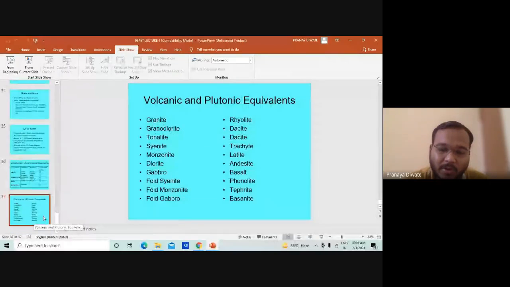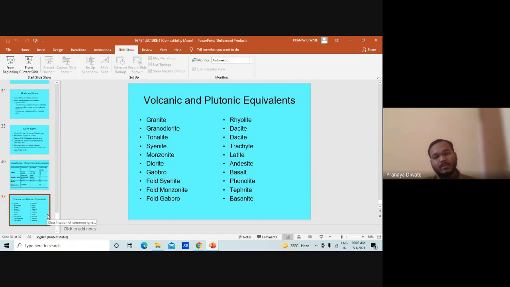This is the end of the slide. Thank you for listening. Now, what we learned today about classification: the classification depends upon their mineralogical composition as well as the depth at which they are formed.